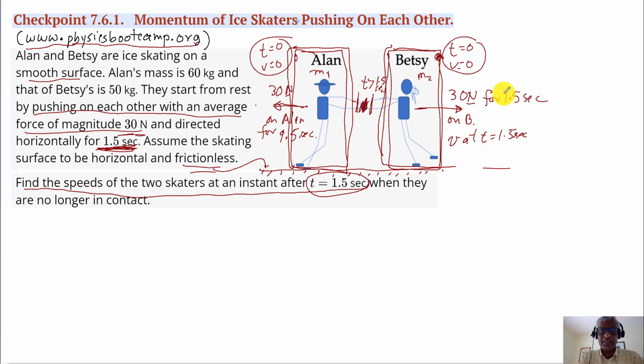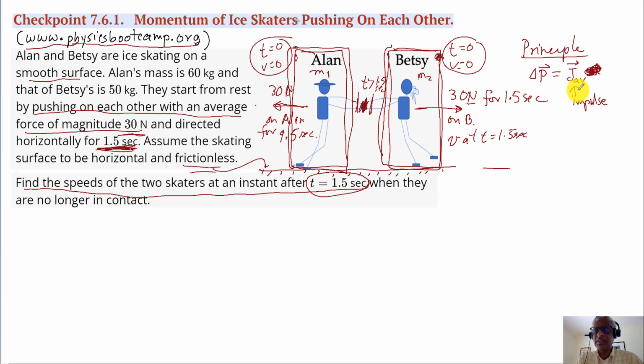All right, so for any object, the principle we're going to use is: change in momentum vector is equal to impulse vector. This is impulse, and not times delta t, because impulse already includes the delta t.